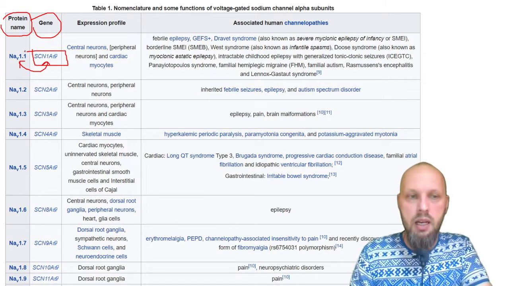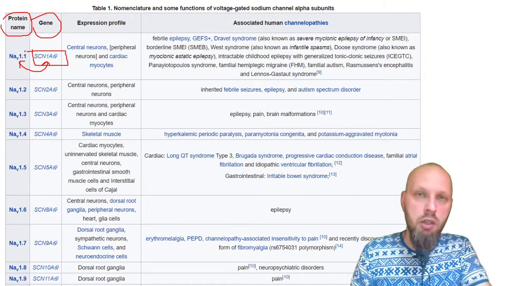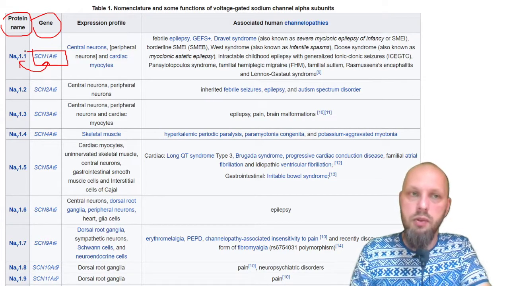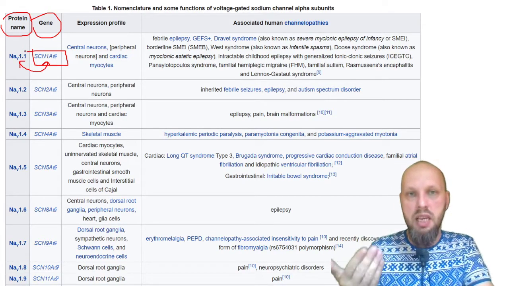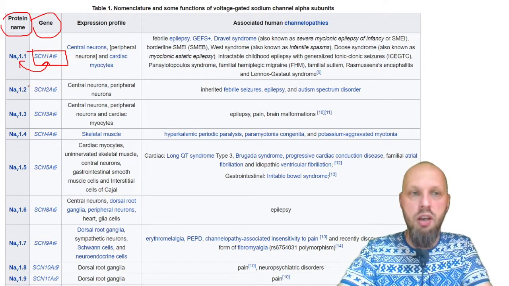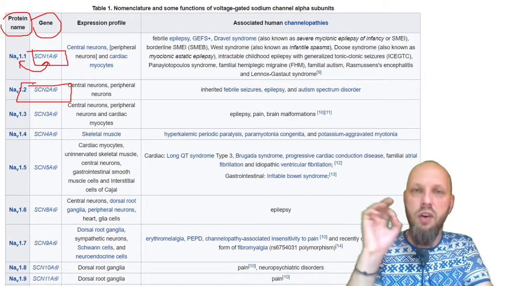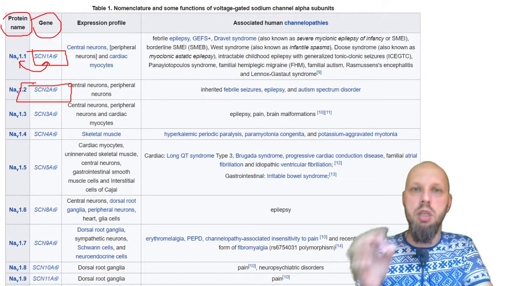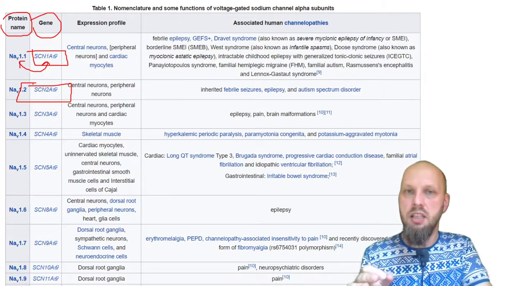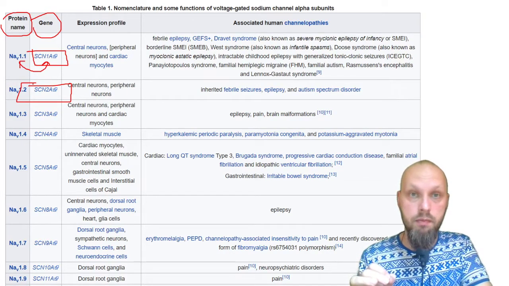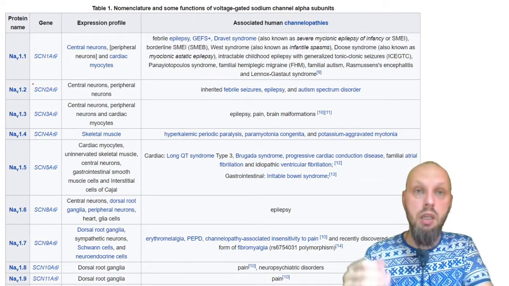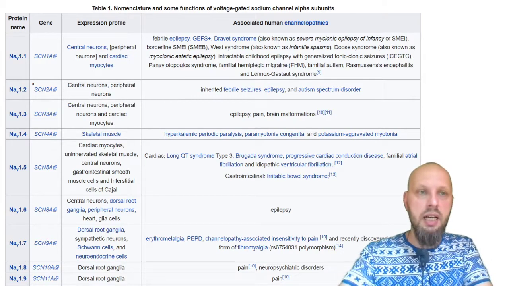And I will have a separate video about how to do that and how to find stuff and how to use things like Google Scholar. But the main idea is that once you have this code, you can find information about this gene in particular, and all the case descriptions and all the stories and all the studies that try to understand what this gene actually does.